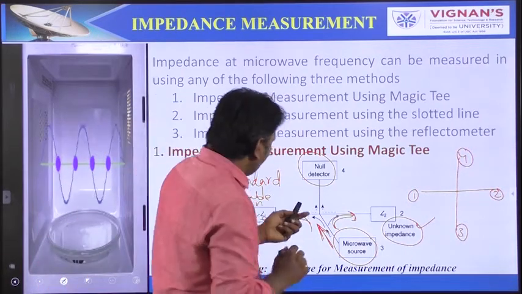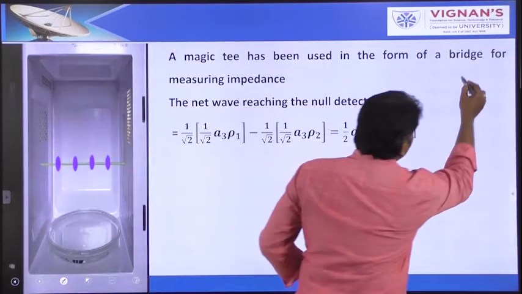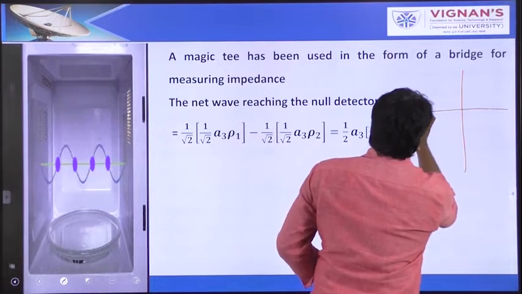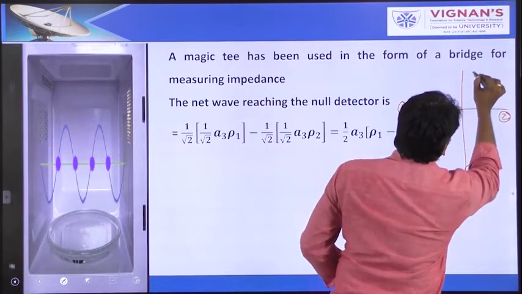In the magic T, one of its applications: this is port 1, port 2, port 3 and port 4.